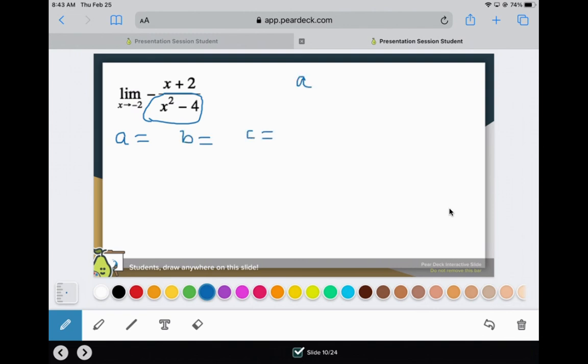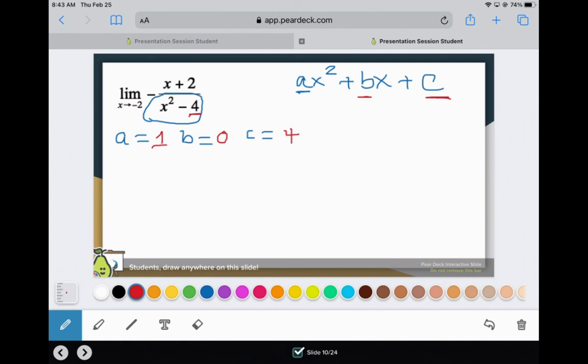So remember, I have ax squared plus bx plus c. A is the coefficient in front of the x squared. So in this one, a is 1. B is the one in front of the x. In this one, I don't have b, which is 0. C is a constant, so that is 4.